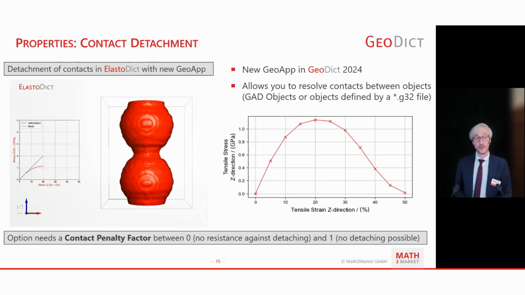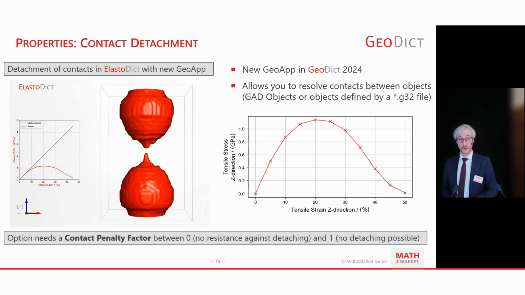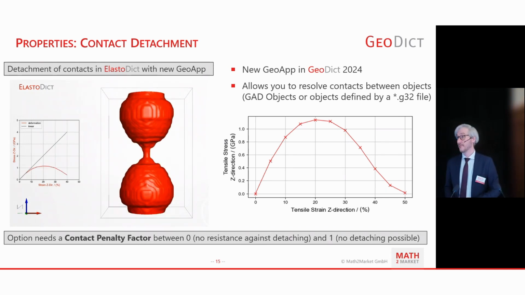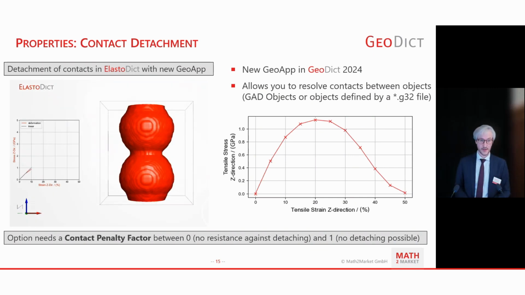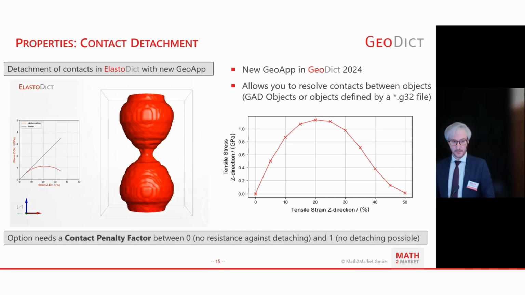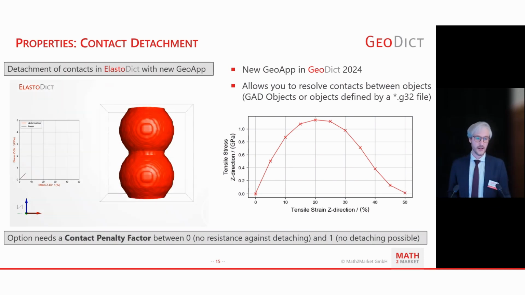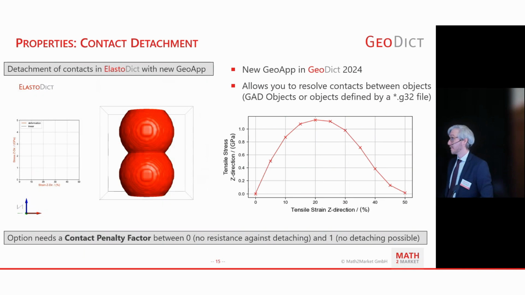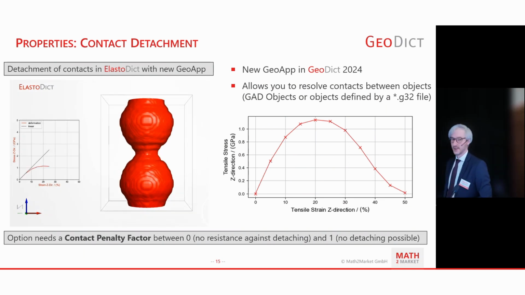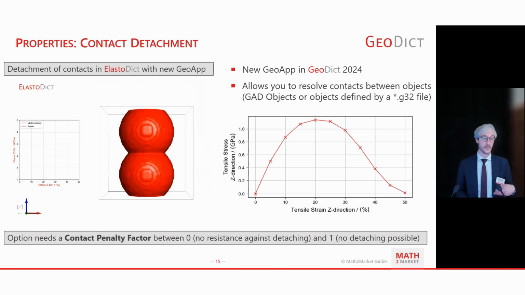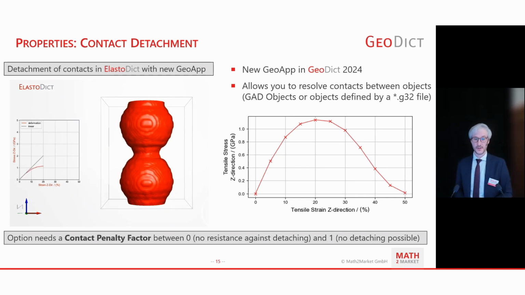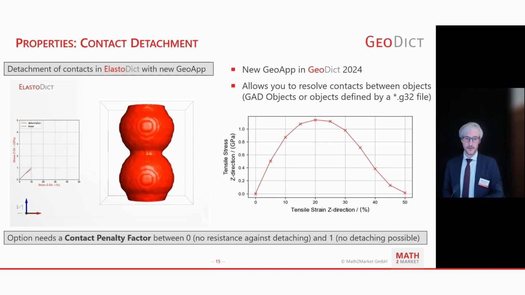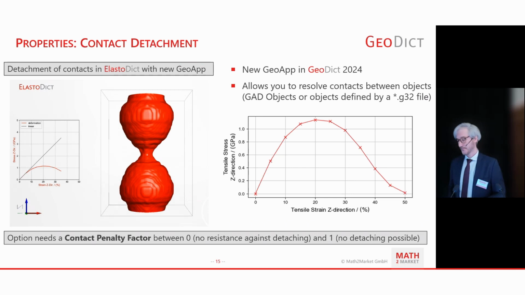So we already have a prototype in GeoDict 2024 for detachment of contacts in ElastoDict. This is at the moment a GeoApp, and you can see here a small example of how detachment now works in GeoDict. You need to define a penalty factor between 0, which is no resistance, and 1, so that no detaching is possible.